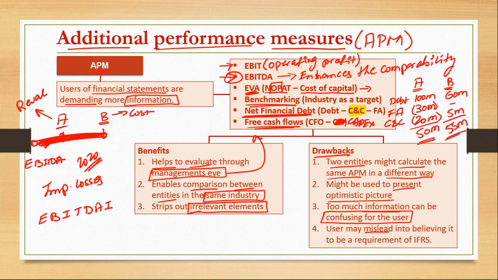Users may be misled into believing it to be a requirement of IFRS. Maybe some of the users would assume that this is something required by IFRS, although there is no APM in any of the IFRS. These are all additional measures that we are willing to show in the financial statements.